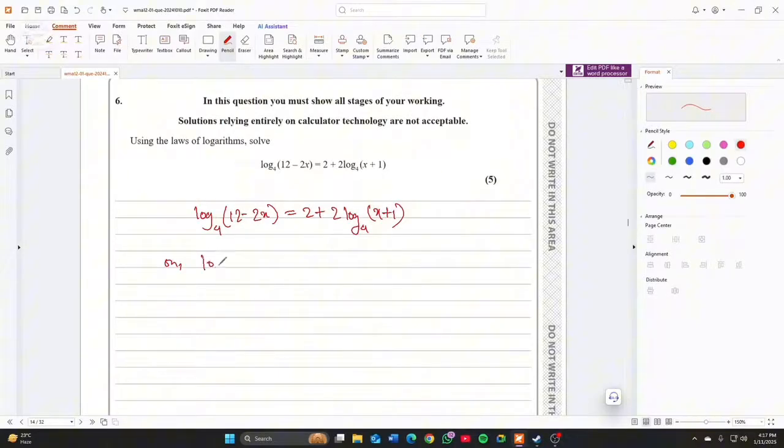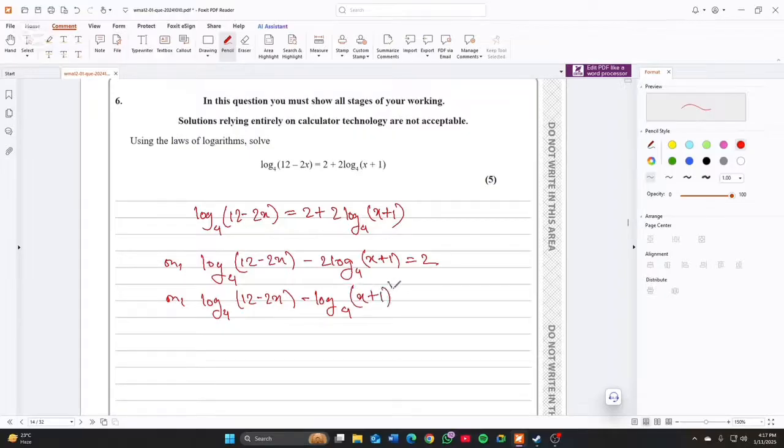So log 4 of 12 minus 2x minus 2 log 4 of x plus 1 equals 2, or log 4 of 12 minus 2x minus, this 2 we can write it as the power of this value, log 4 of x plus 1 whole square equals 2.